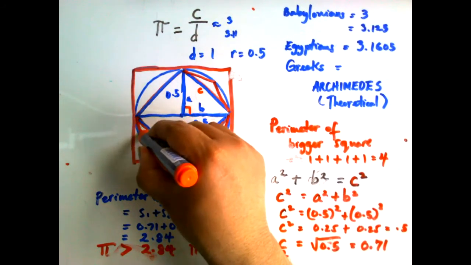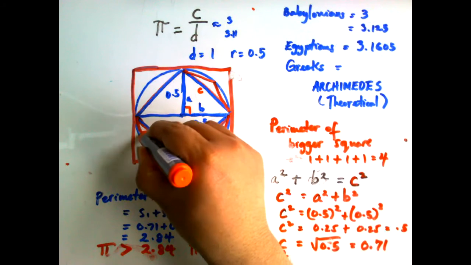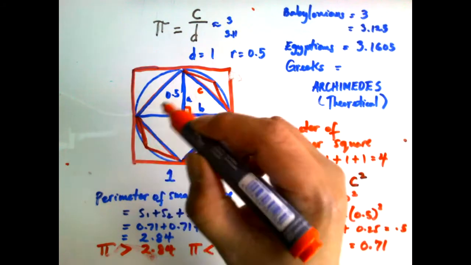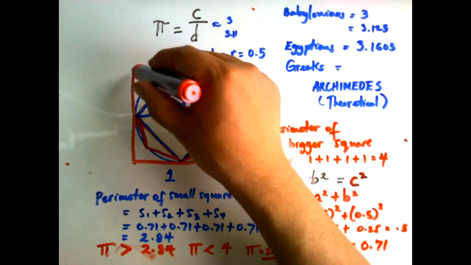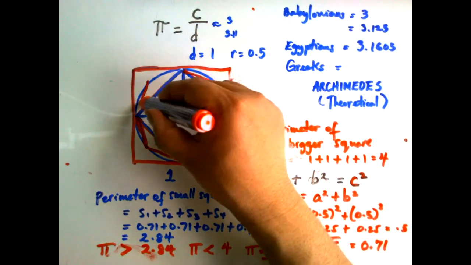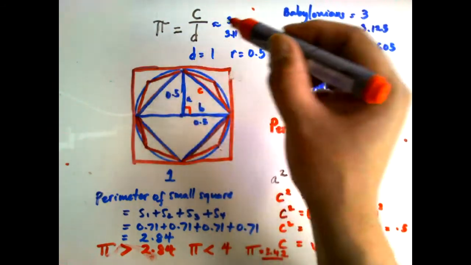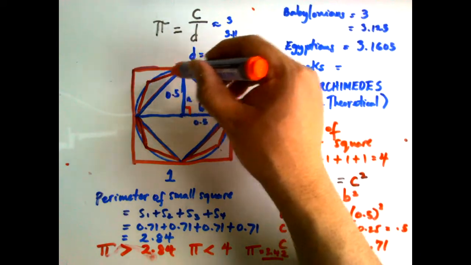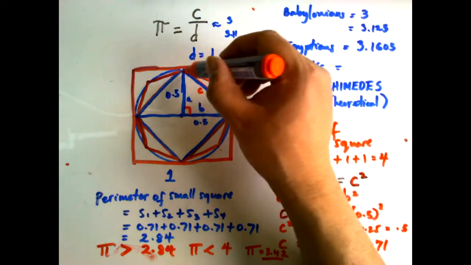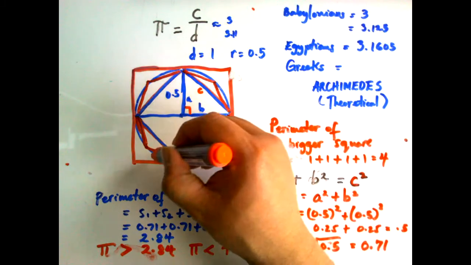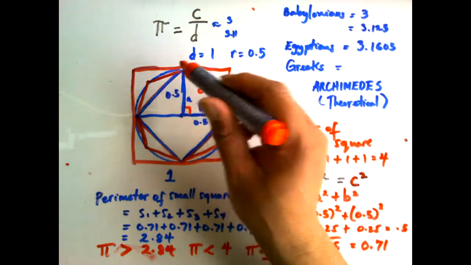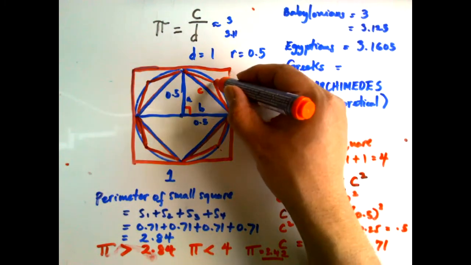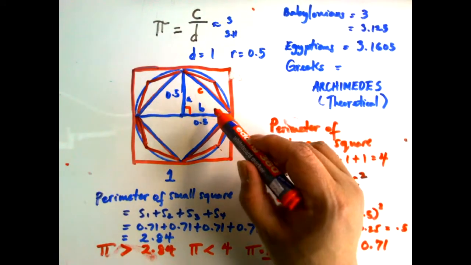There you go. It's easy to draw it upside down. So that figure here, how many sides is this? 1, 2, 3, 4, 5, 6, 7, 8. So that's an octagon. Now, how can we find the perimeter of that octagon?